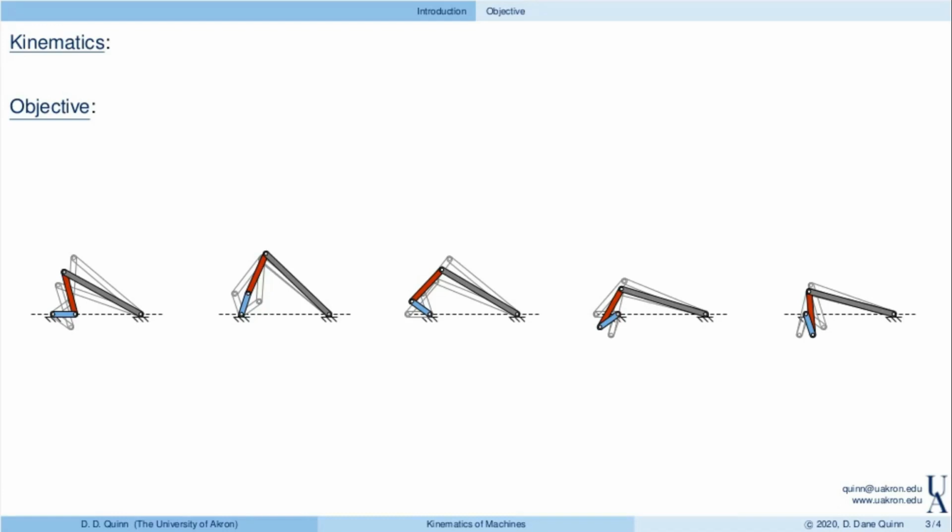So a little bit more, right? This is kinematics. So what is kinematics? Kinematics is the study of allowable motion. Right? So what could possibly take place? And it has to be consistent with the constraints of the system.